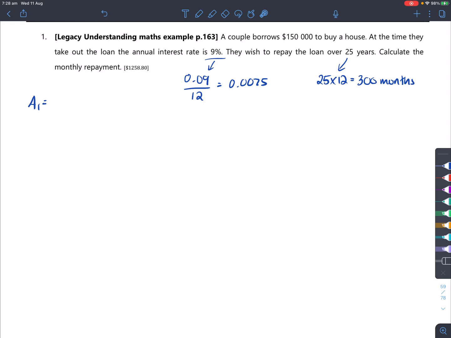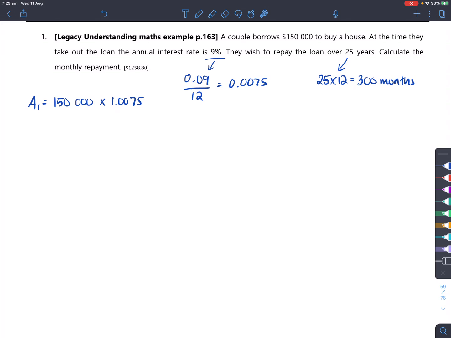So A1, which is what happens after one whole month, starts with 150,000. We're going to multiply this by 1.0075 because at the beginning they borrowed this much money, and they have increased it by some amount of interest because the bank charged them.